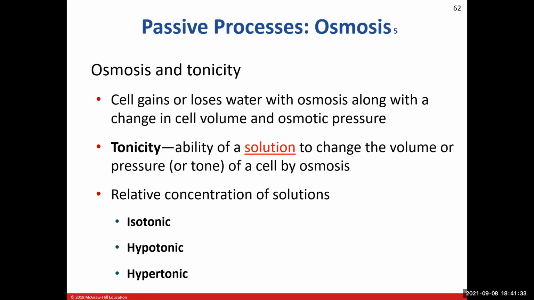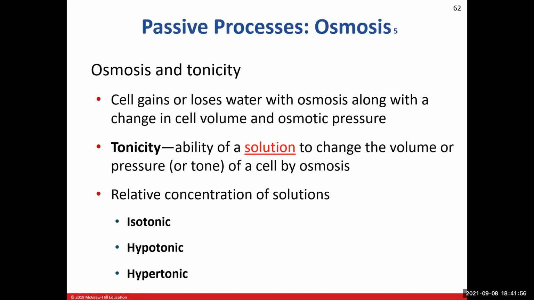Now, the final concept involving osmosis, and then we'll be done, I promise you. We have another term that I need you to learn, and it's called tonicity. When water moves in and out of cells, that loss or gain of water is going to change the cell volume. Meaning, if more water moves into the cell, it's going to increase the cell volume.